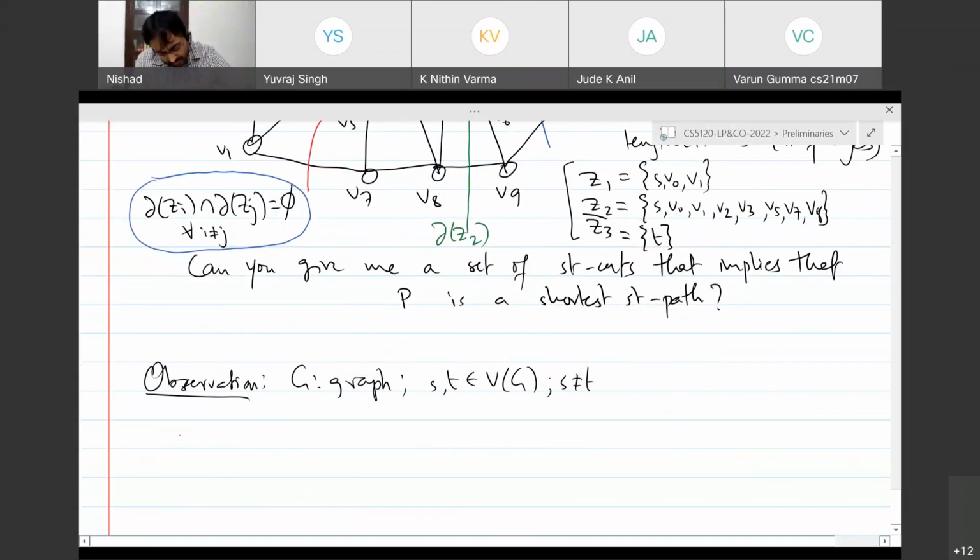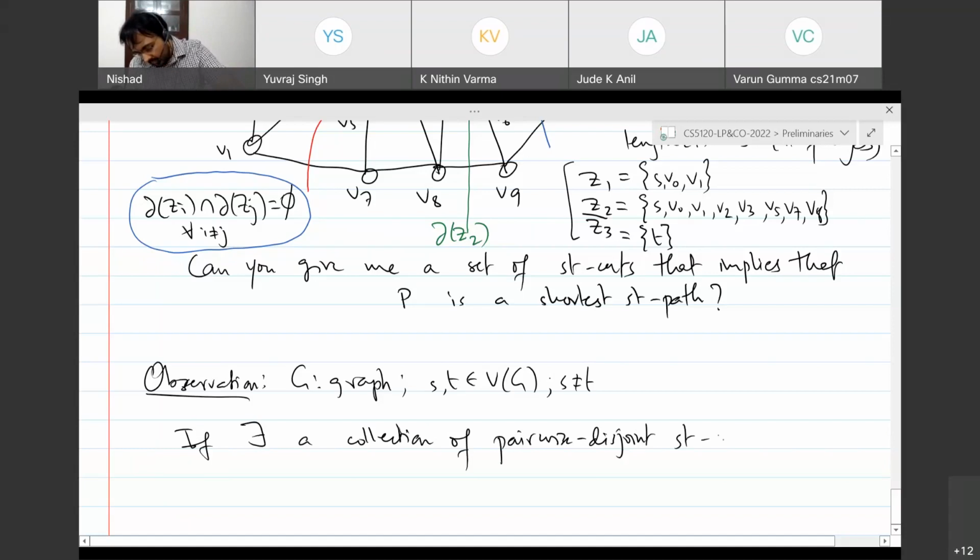The claim is that if there exists a collection of pairwise disjoint ST cuts, let's say I call this script C, a collection of cuts, right?